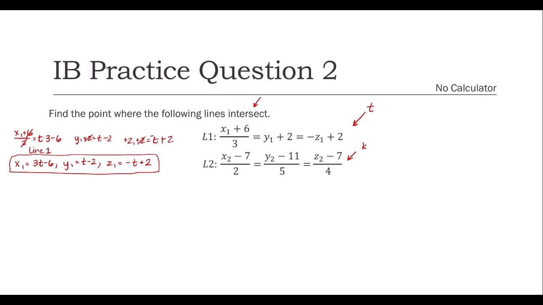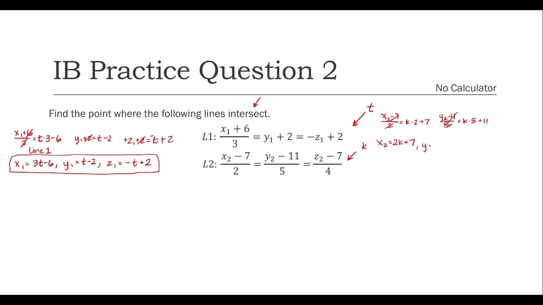Now we'll do line 2 on the other side. So we have (x2 minus 7) over 2 equals k. Multiply by 2, add 7. So x2 equals 2k plus 7. We have (y2 minus 11) over 5 equals k. We'll multiply by 5 and add 11.